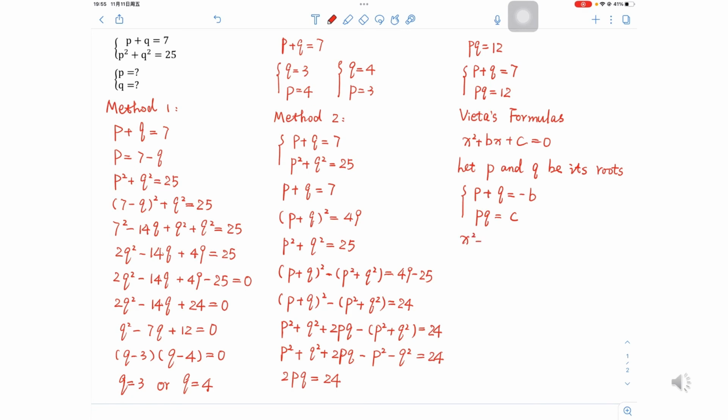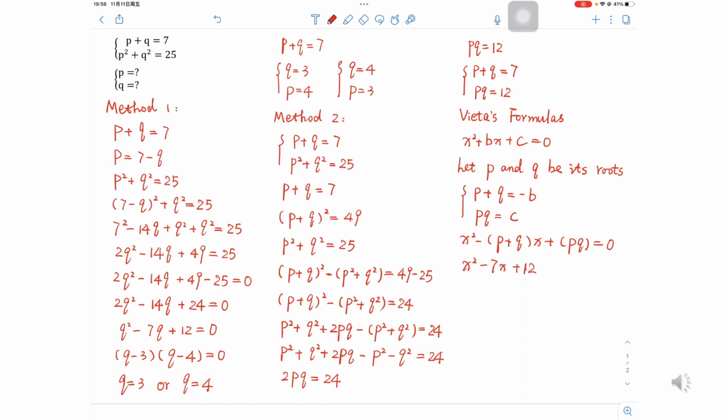We can write an equation, x squared minus the sum of p and q times x plus p times q equals 0. Replace p plus q and p times q with their respective value.